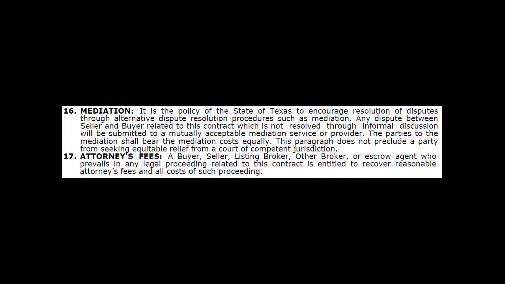So, paragraph 16, mediation. I love this little paragraph, even though I think it's kind of silly. It's just saying that if there's some kind of conflict that arises as a result of this contract, then everybody's agreeing to go to mediation. However, it also says down here that this paragraph does not preclude a party from seeking equitable relief from a court of competent jurisdiction.